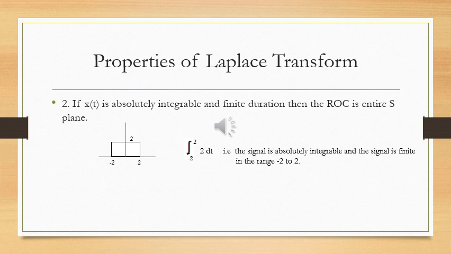If we want to find the integral, we write it as the integral from -2 to 2 of dt. That will give us some finite value, so it is absolutely integrable, and the signal also has a finite duration, ranging from -2 to 2. So for such a signal, without taking the spectrum, you can write that the ROC is the entire s-plane.